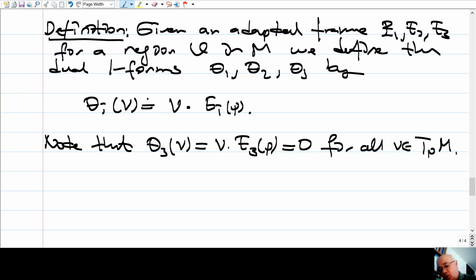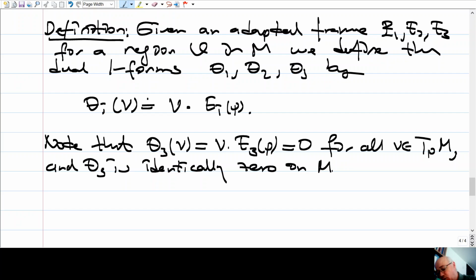So this form is 0 on M, and hence theta 3 is identically 0 on the surface.